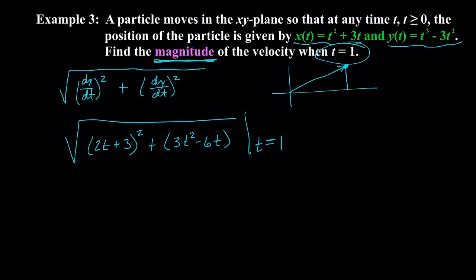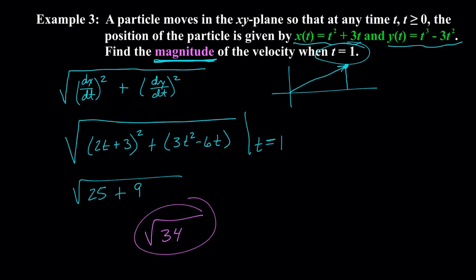All right, so then that's going to give us the square root of 5 squared, which is 25, plus negative 3 squared, which is positive 9, giving us square root of 34 is the magnitude of our velocity vector.